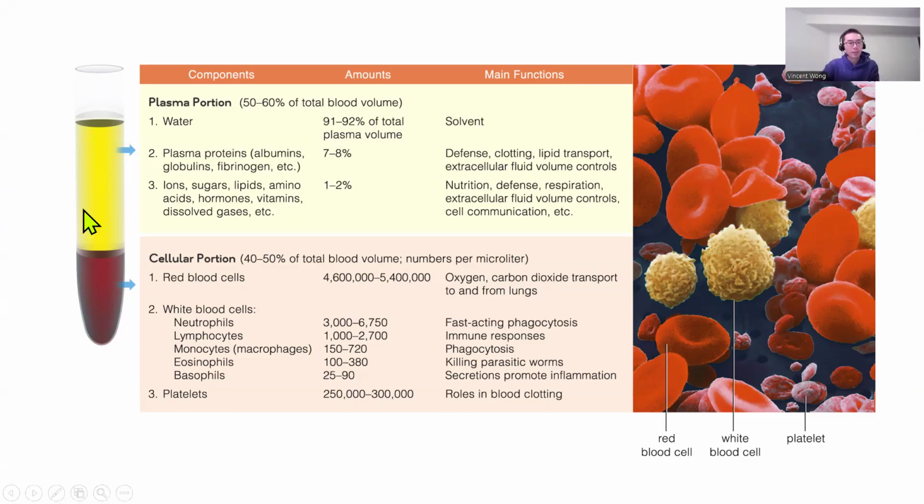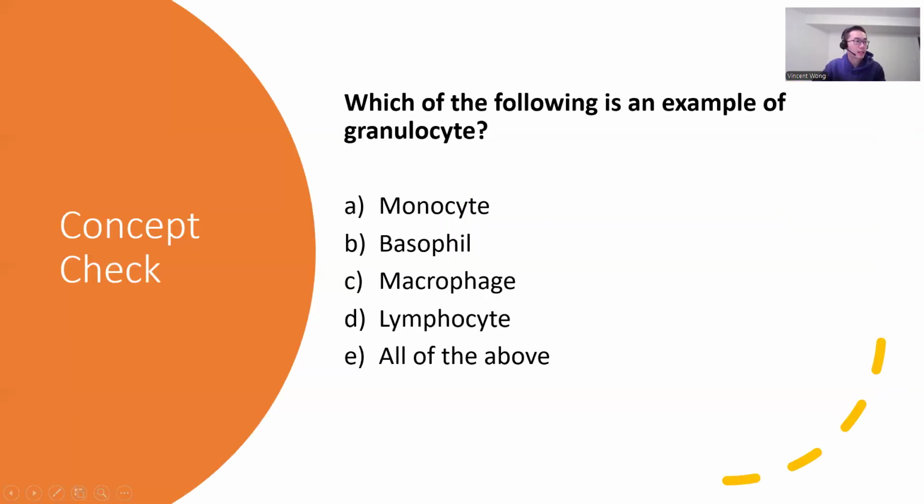We have the plasma portion, 55%, and the cellular portion. So you can read this and have a better understanding of it. Okay. We have not done any polls for the whole day. Let's do some.